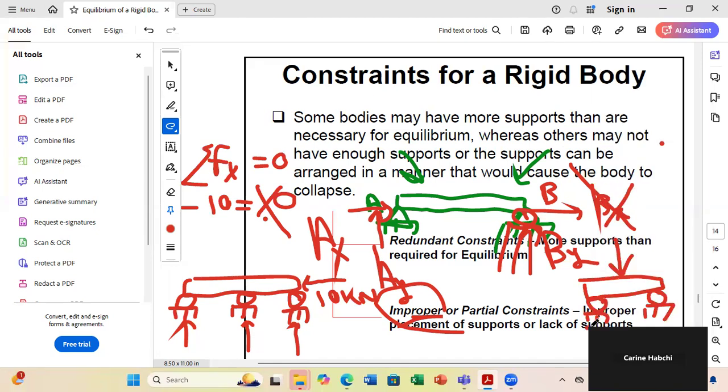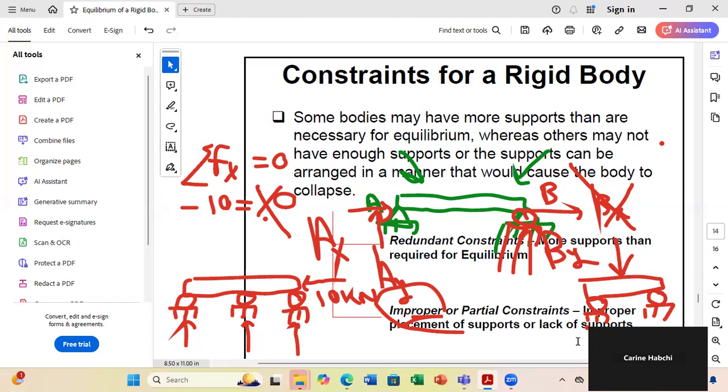However, if I put a horizontal force or a force upward, I cannot have equilibrium. So in case of partial constraints or improper constraints, I can have equilibrium and I can have non-equilibrium. It depends on the load.